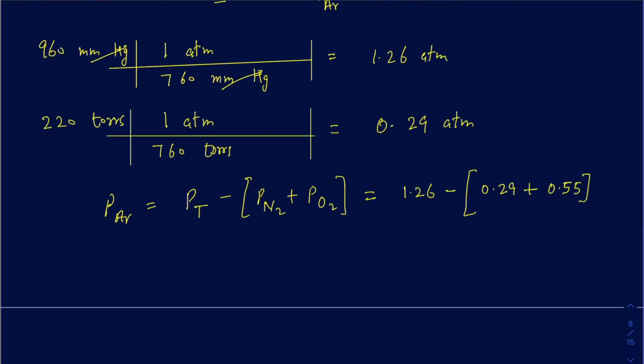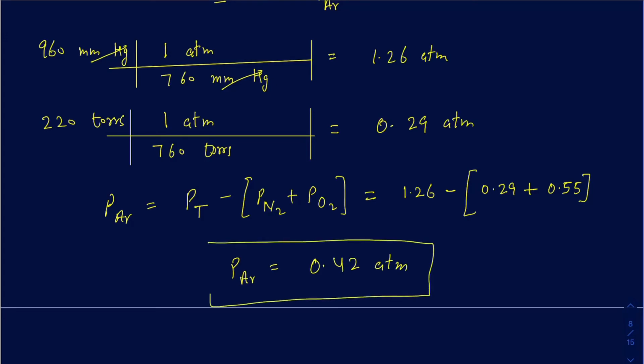When you do this math, add up 0.29 plus 0.55 and subtract that from 1.26, which is going to be 0.42 atmosphere as your final answer. That's the pressure for the argon.